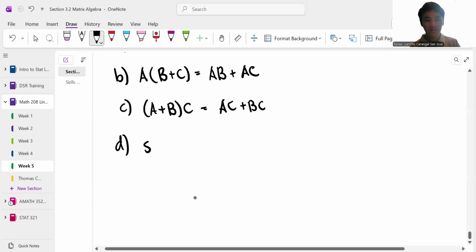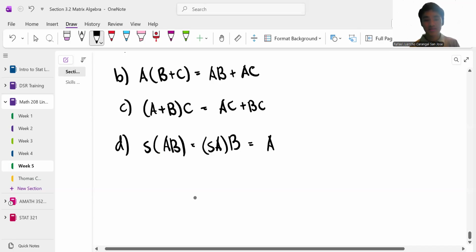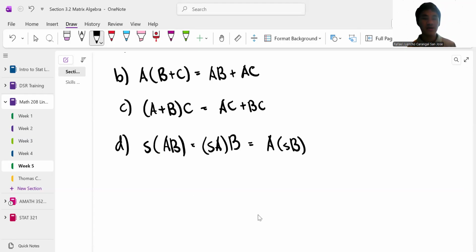And same thing for scalars. So we say S, and then we multiply it by two matrices. It's the same thing as multiplying some matrix A first by S, the scalar, and then multiplying it to another matrix B. It's the same thing as this: we multiply B by the scalar and then multiply by A. So all of these three things are the same no matter what.